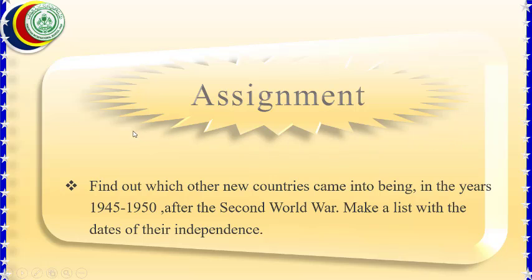For example, in one column you write the year 1947, and on the right side you mention the countries. In 1947, Pakistan and also India got freedom. Just like this, you make the whole assignment.